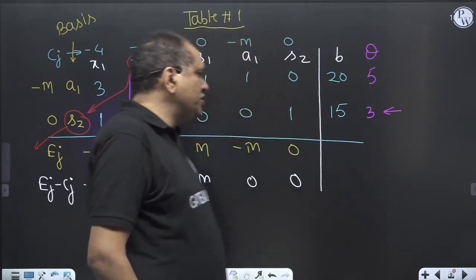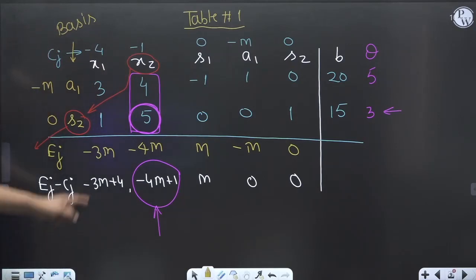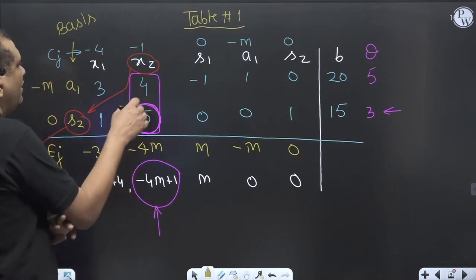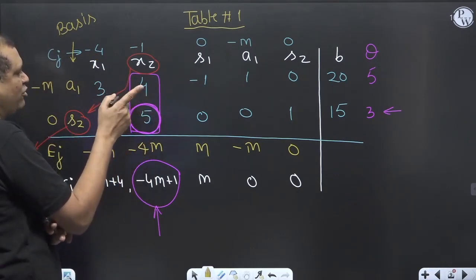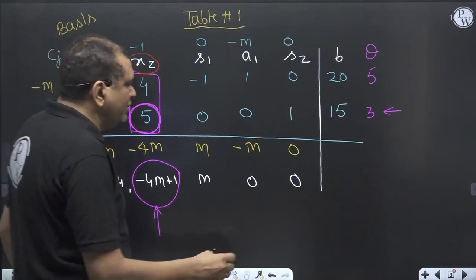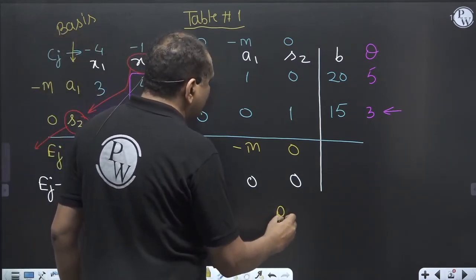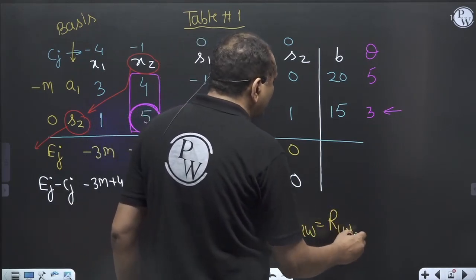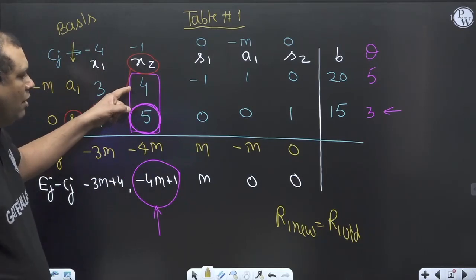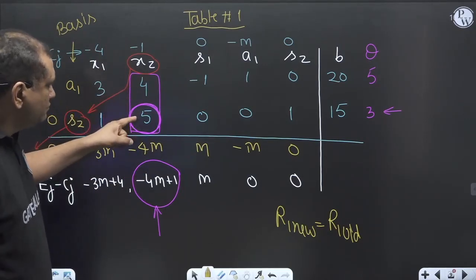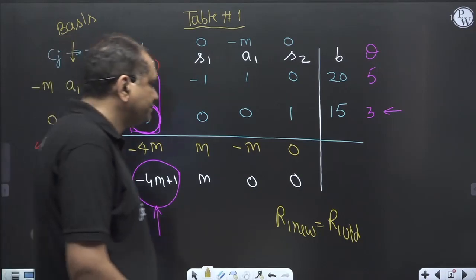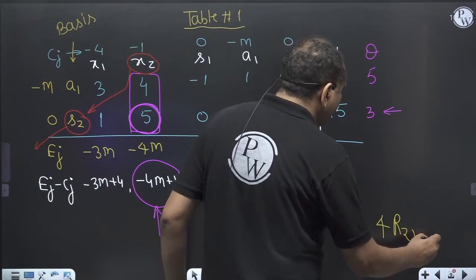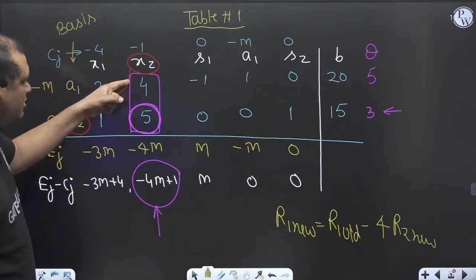Now what was the next step? I have to make this value 0. Above and below the pivotal value we have to make 0. So how to make this 0? R1 new will be nothing but R1 old, and in the second row there is a 4, so minus 4 times R2 new, because the 4 has to be 0.